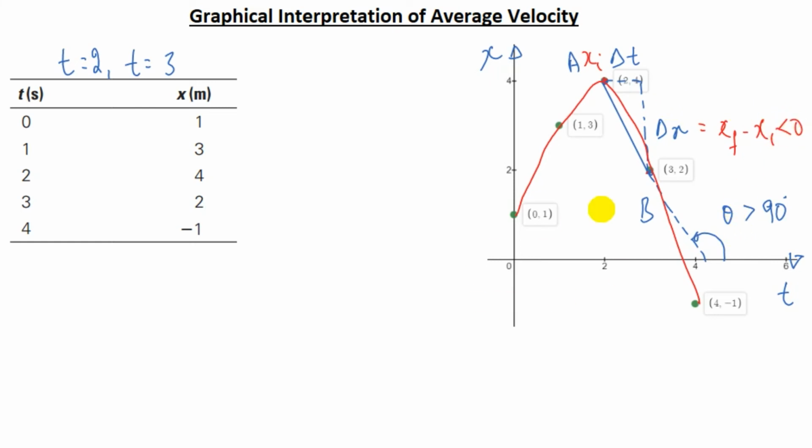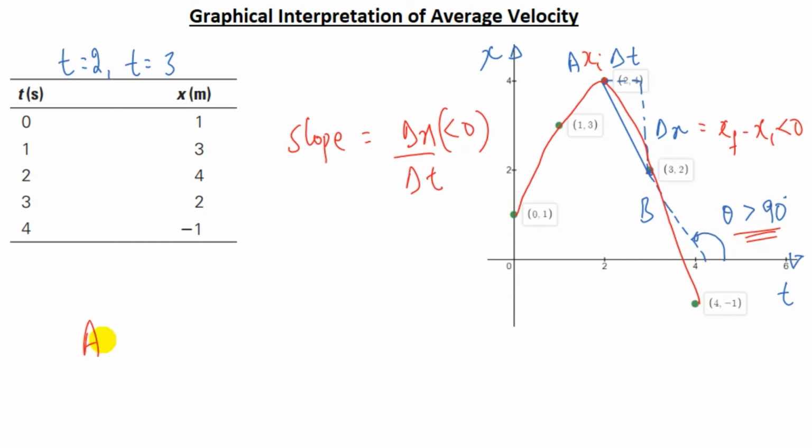So here also the slope is delta x over delta t, and since delta x is less than 0, the slope would be negative. Or from this also we can see that theta is greater than 90 degree, that means slope is negative. Now if slope is negative, that means the average velocity would be negative.